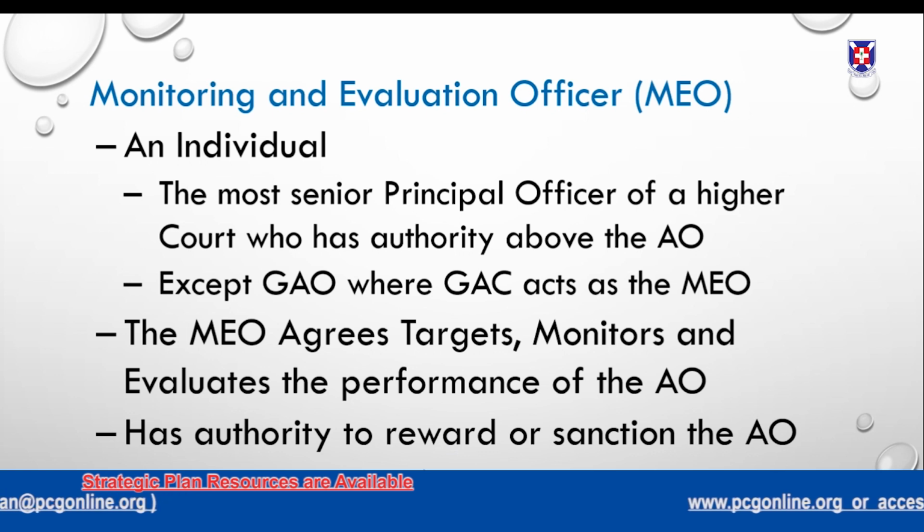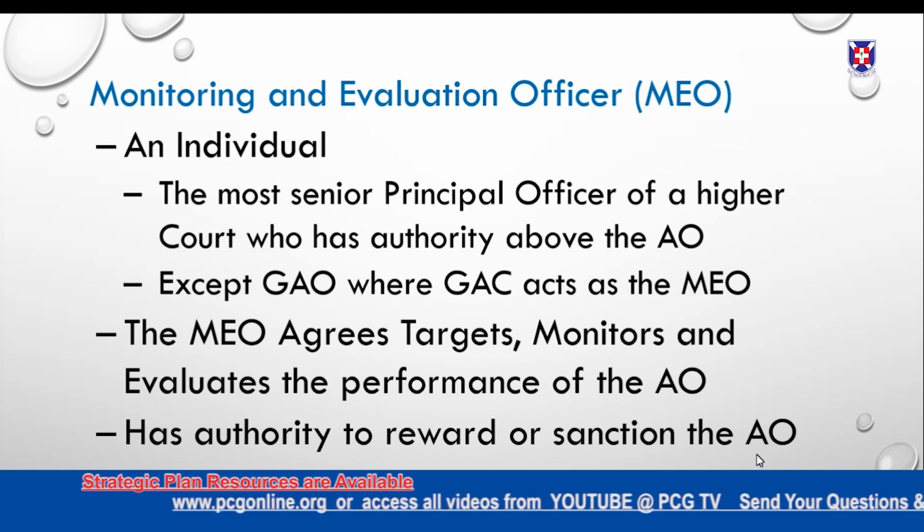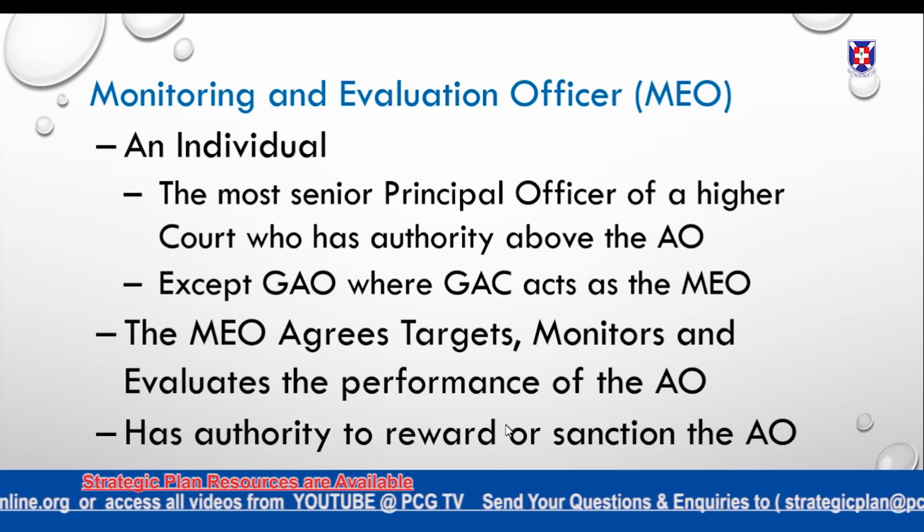And he has been clothed with the authority to reward or sanction the AO. He can start processes, he has to use the structures, but if he decides, then he can table these rewards or sanctions.